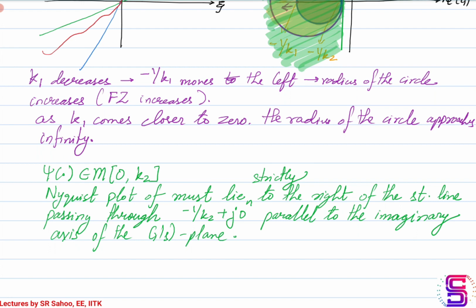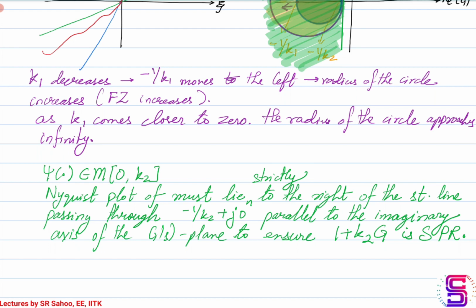Okay, to ensure 1 plus k2g is strictly positive. Okay, the Nyquist plot must lie to the right of this particular straight line, strictly to the right of this particular straight line.